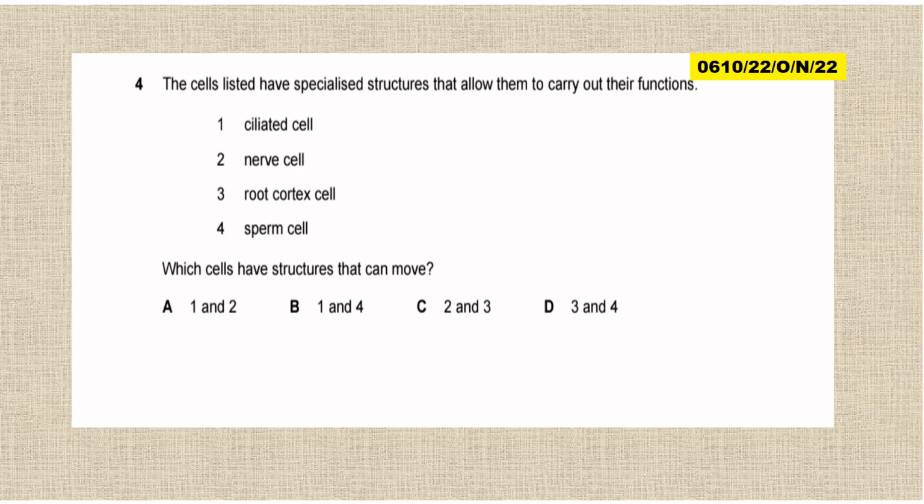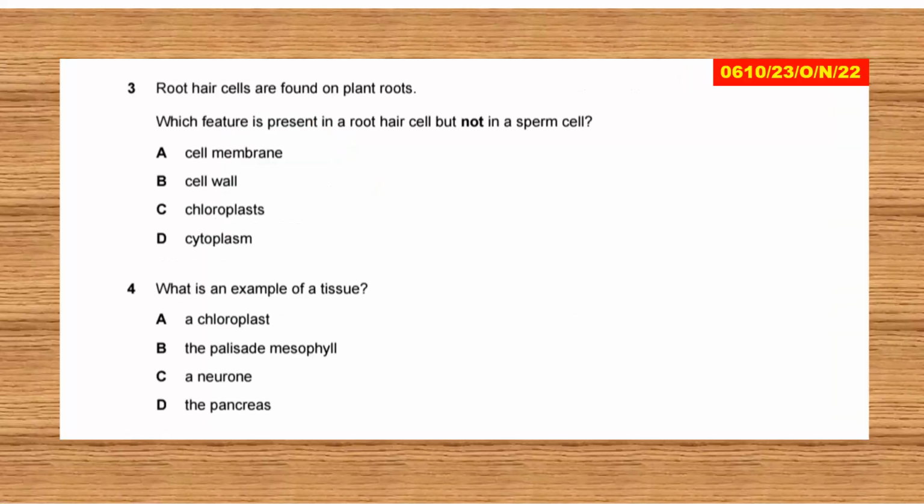Do not forget about those specialized cells: root hair cell, the palisade mesophyll, the egg cell, the sperm cell, the neurons. Don't forget about those. So here we have the ciliated cell, the nerve cell, the root cortex cell, then we have the sperm cell. Now, which cells have the structure that can move? You remember that question? So it is the ciliated cell and the sperm cell. So it is 1 and 4. So the answer is B.